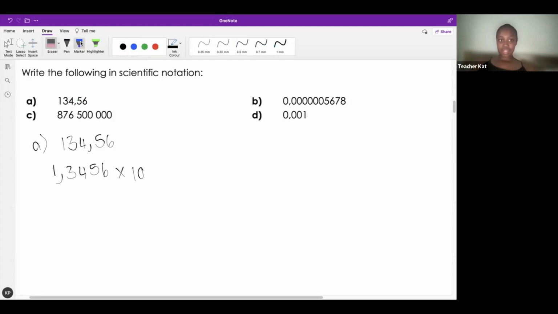Look carefully, guys. Pay attention. So it was here, and it's going to move 1, 2 times. Let me use a smaller pen maybe. It was over here. So it's going to go 1, 2. So then my exponent is positive 2.